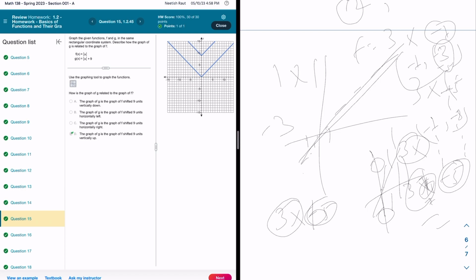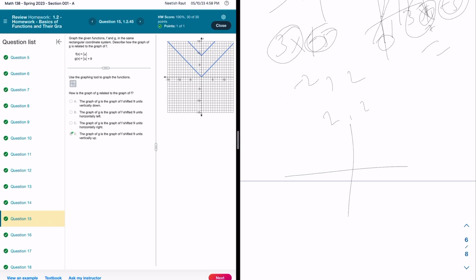For the number minus 3, y will be 3. If you plug in 3, y will be 3. If you plug in minus 2, y will be 2. If you plug in 2, y will be 2. That's why our graph looks like this, and shifting everything vertically 9 units upward, you will get g(x).